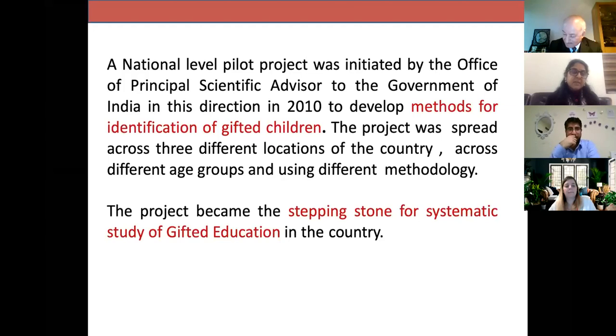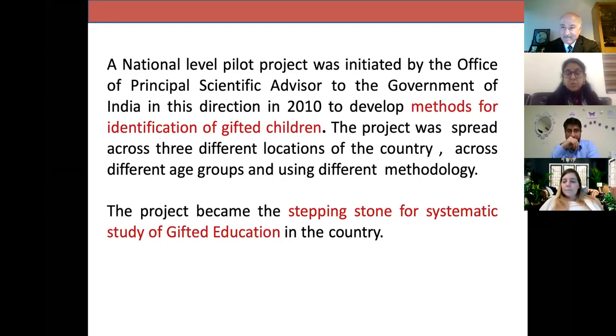conceptualized by the former PSA Dr. Chidambaram and Professor Ramamurthi, who was Secretary to the Department of Science and Technology, in collaboration with other top-tier scientists in the country. The question was how to identify children who have high potential in science-related domains, and whether we can develop indigenous methods to identify such children.